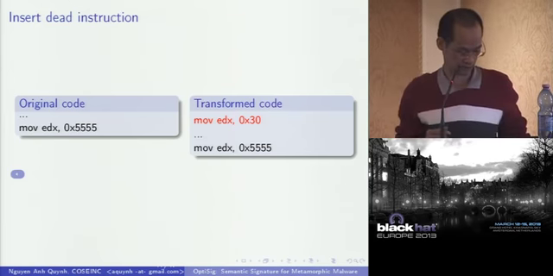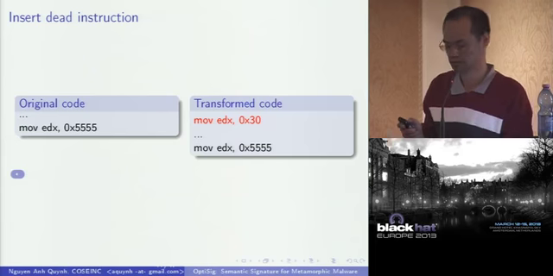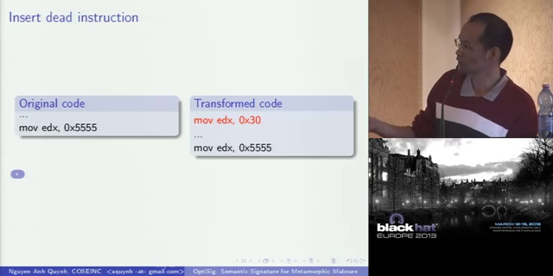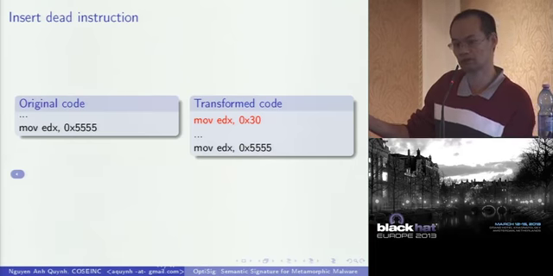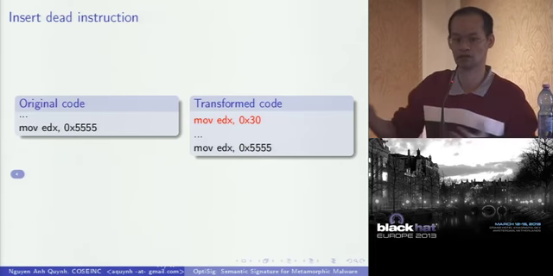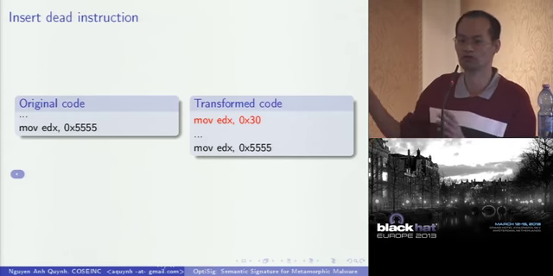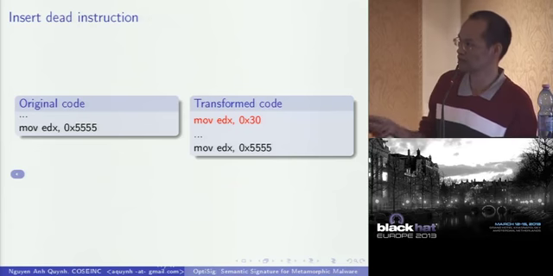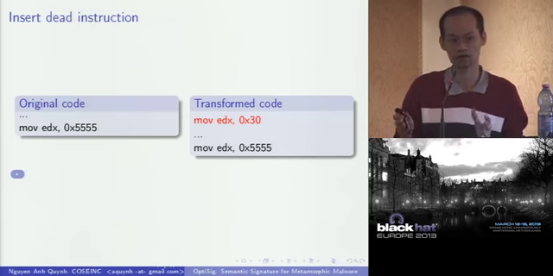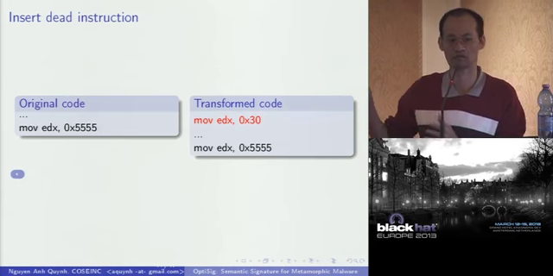You can see that this one is dead code, right? Because below we copy 5555 to EDX, so this one is dead code. You can remove that, no problem, no impact. But you can see the transformed code looks very different. The left code and the right code do the same thing, but syntactically they look different.